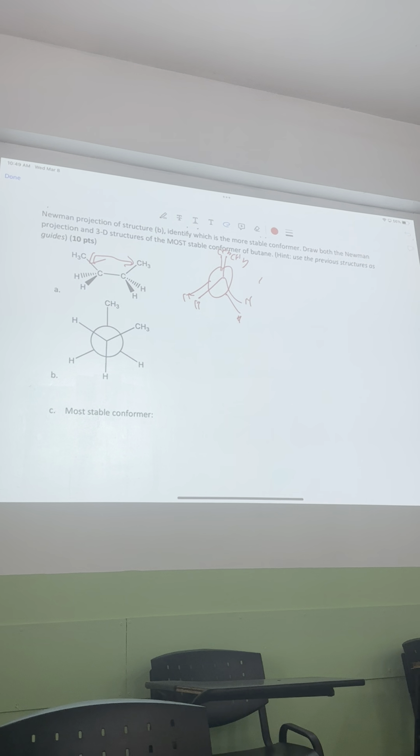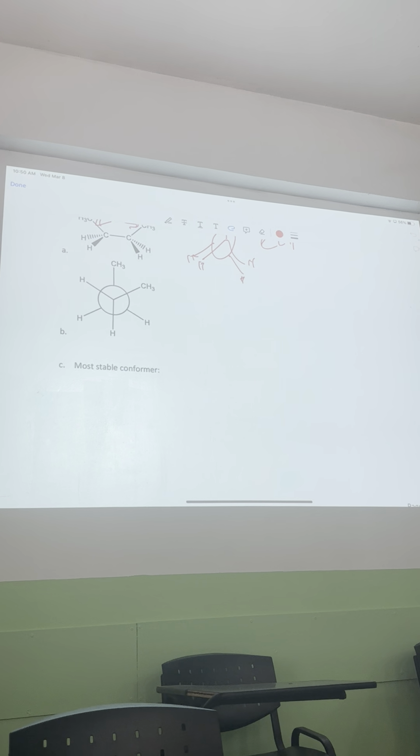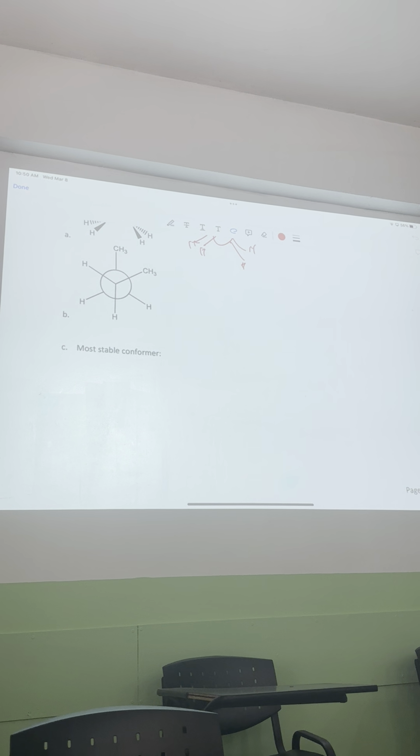And then I'm not going to go into that because we did those in class. But the most stable conformer is where this rotates. So it should have been when you had a CH3 here, and then this CH3 was done like this, and then these hydrogens.